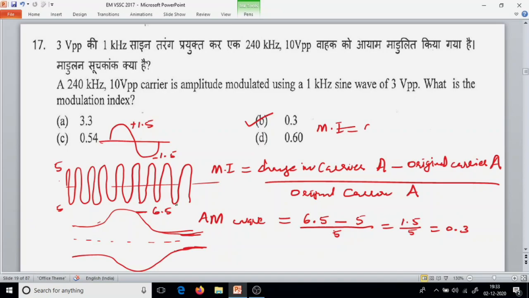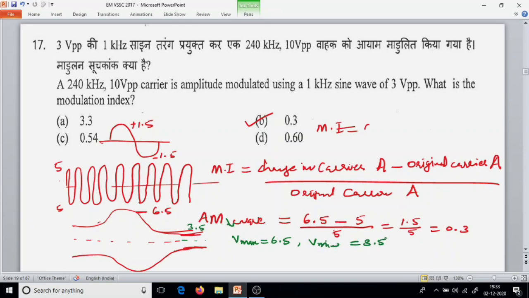That is 5 minus 1.5. We are taking only the top side as our reference. So 5 minus 1.5, it will go to 3.5. So here, V max of the AM wave equals 6.5 and V min equals 3.5.